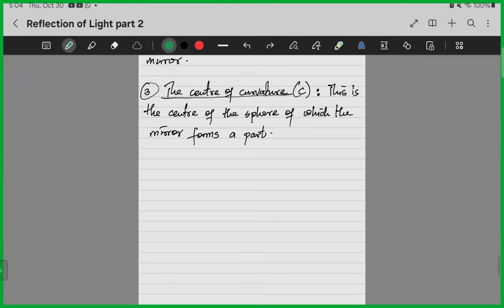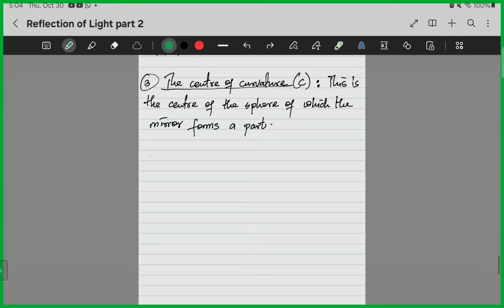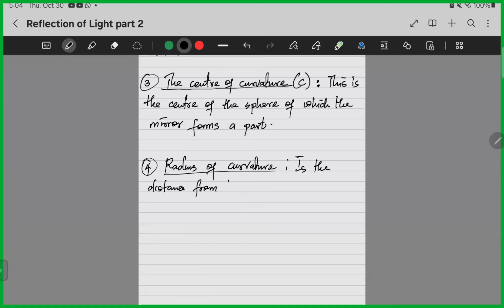Then let's talk about the radius of curvature. Keep this point in mind. Radius of curvature is the distance from the pole to the center of curvature.